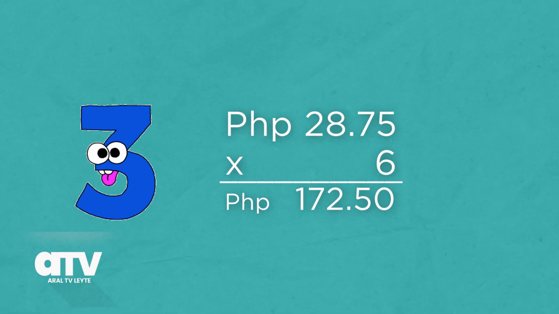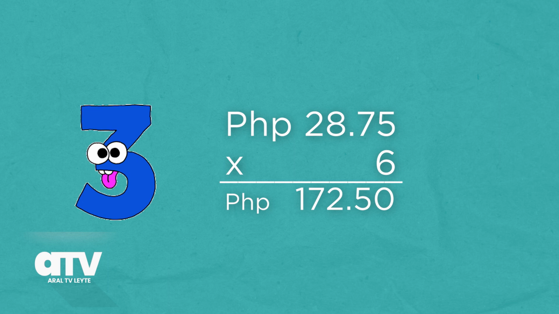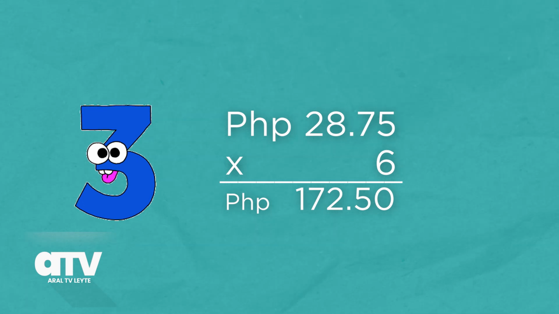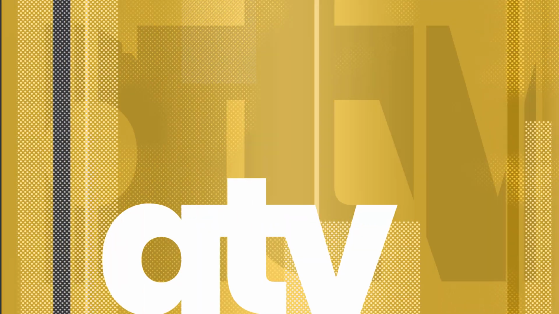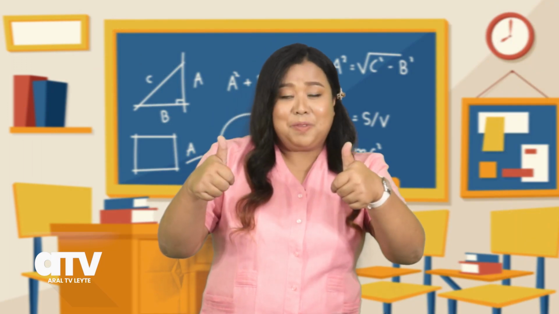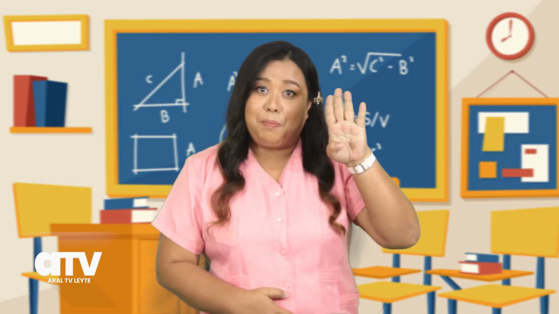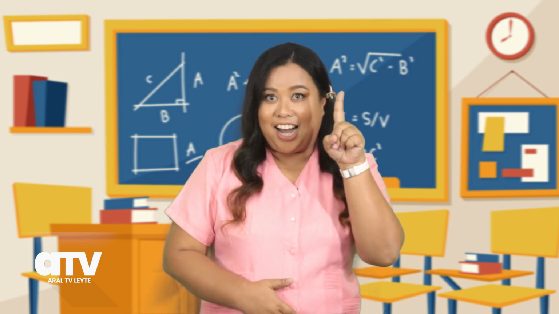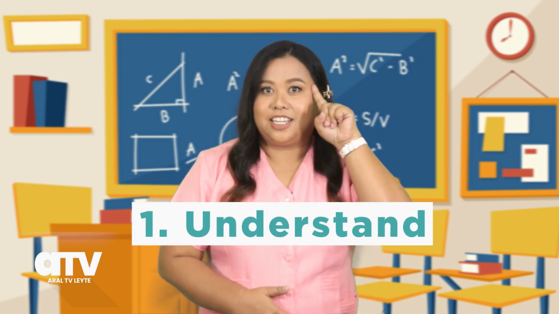How are you doing, kids? I know you did well in this activity. Again, in solving this kind of mathematical problem, we use the 4-step plan. Great job, kids! The 4-step plan in solving the problem are: number 1, understand.